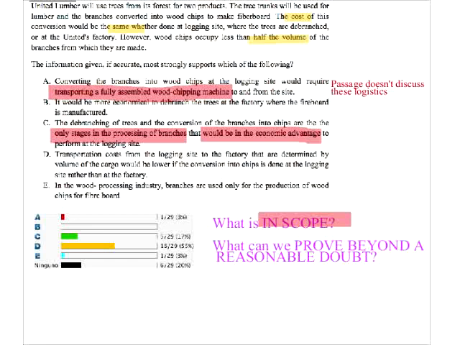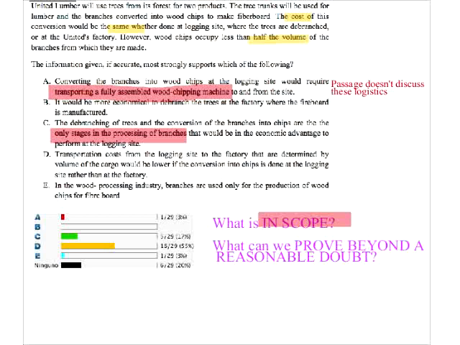The second one is not out of scope, but the first one's out of scope. We don't know if there are other stages. The passage doesn't say that these are the only parts of the process. As far as we know, there might be 8 other parts of the process. We really have no idea.